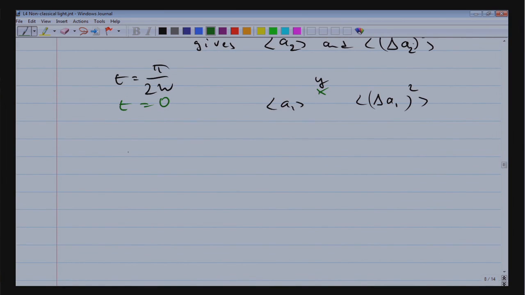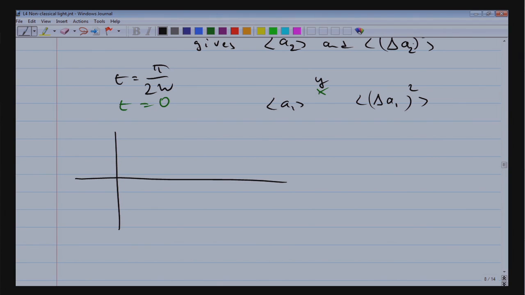So let me just draw a few things into this diagram.